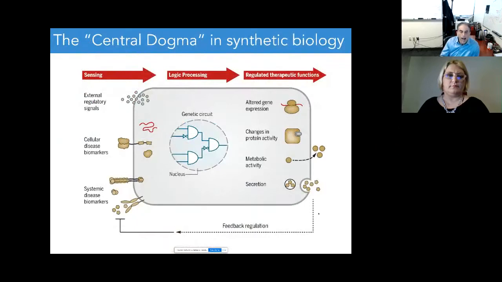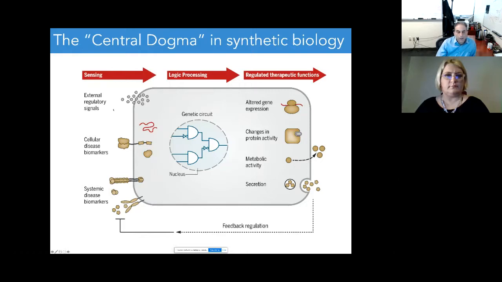The question is, how do we actually use synthetic biology to do that? And what's emerged in the field of synthetic biology, we're calling it essentially the central dogma in synthetic biology, is that almost every project now in synthetic biology has these 3 main components. It has a sensing component, which is mechanisms whereby we can engineer genetic circuits to sense what's going on outside the cell, molecules outside the cell, or molecules inside the cell.